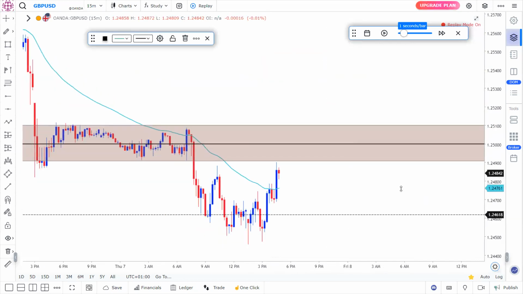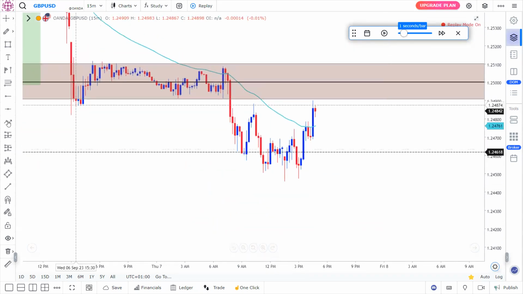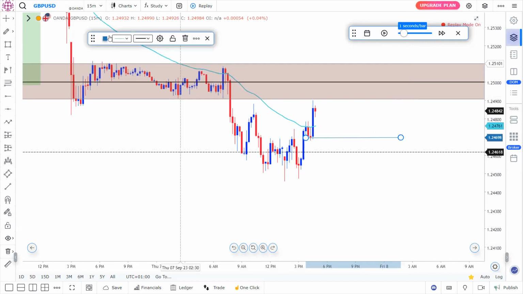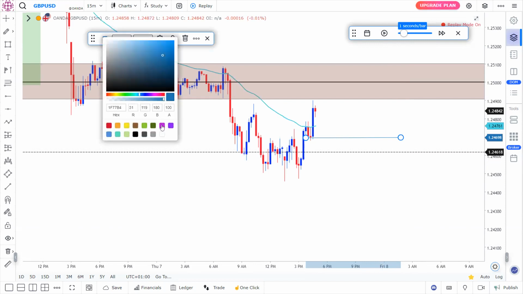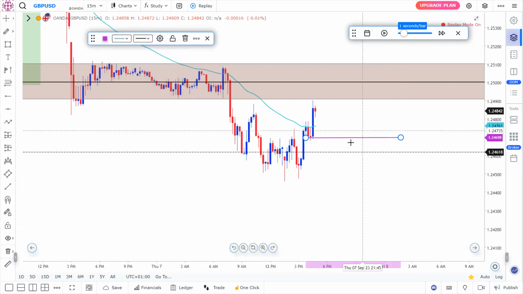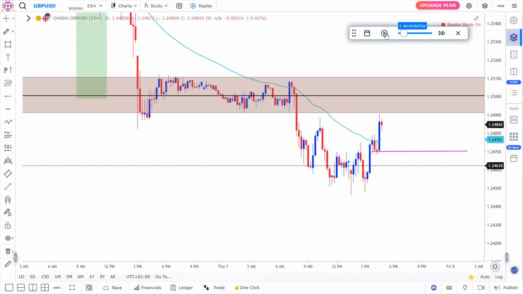And then again, all I needed to do from the 15 minutes time frame is wait for a structure shift once again, with this being my structured level, where if I was going to consider selling, I would want to see price come and break below that level. And then let's see how this ended up playing out.